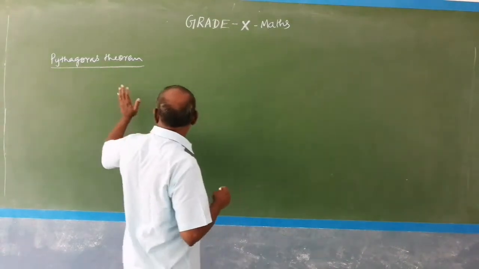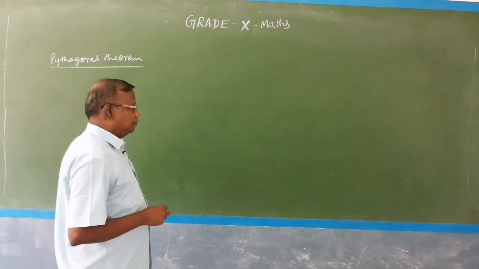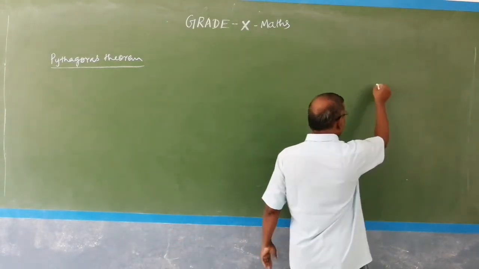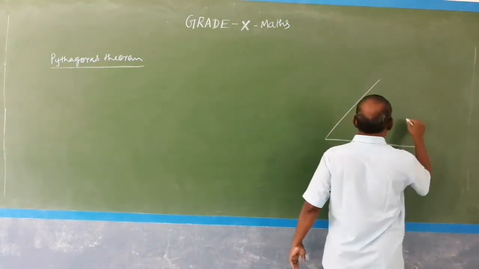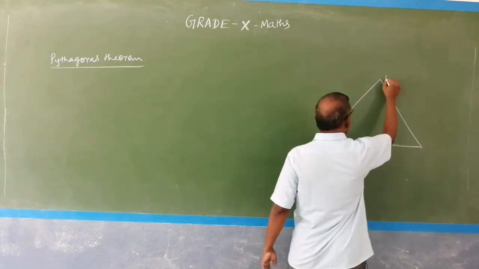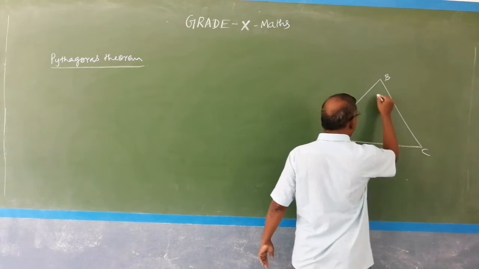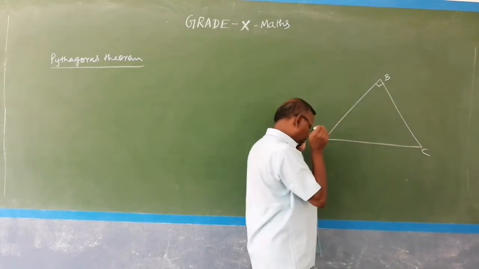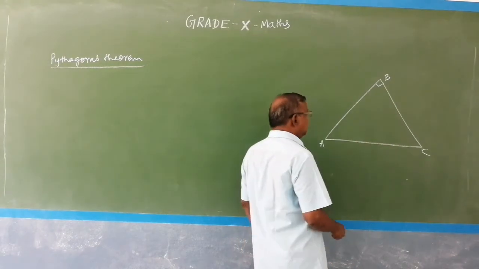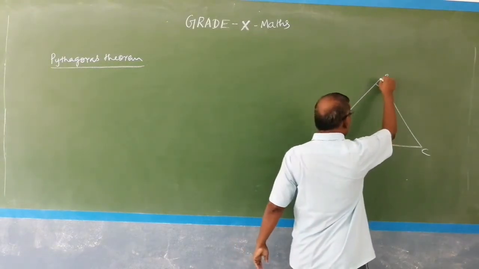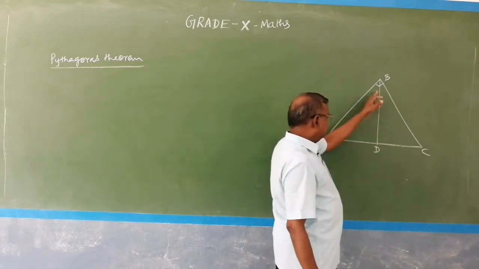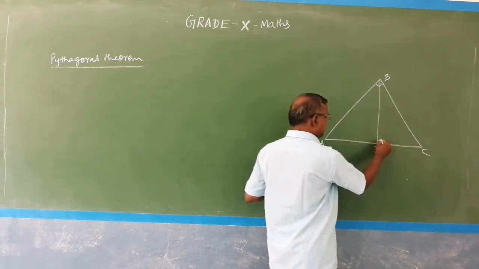Now, before entering into Pythagoras theorem, let us learn something about similarity of triangles. Consider a right angle triangle ABC, right angle at B. Draw a perpendicular from B to AC, let it meet at D. That means draw BD perpendicular to AC.